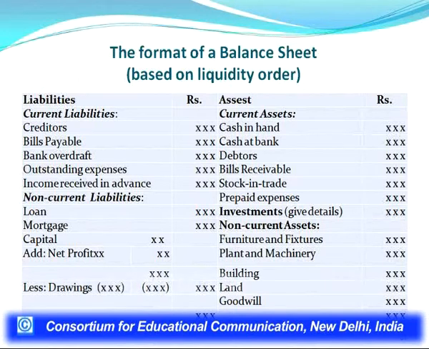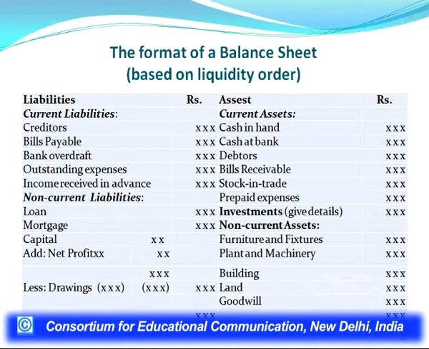Then non-current assets, we should show tangible assets and intangible assets. Tangible like land, building, plant, machinery, furniture, motor car, and intangible assets are goodwill, patents, trademark. If we see the liability side, current liabilities are shown first: creditors, bills payable, bank overdraft, outstanding expenses, income received in advance.